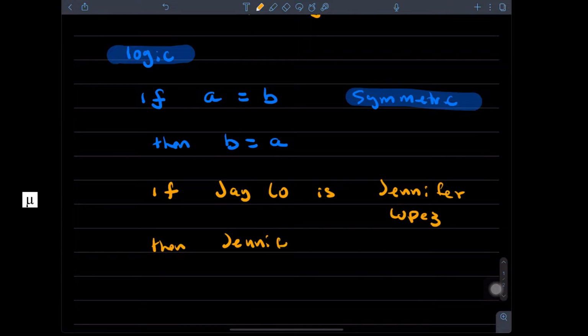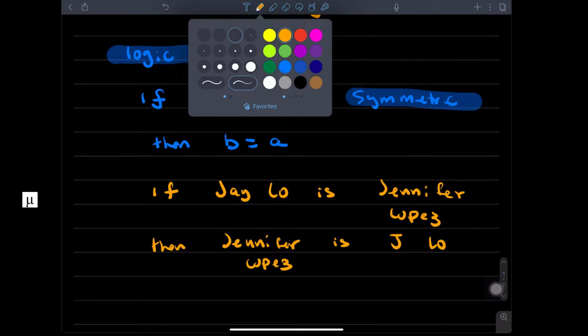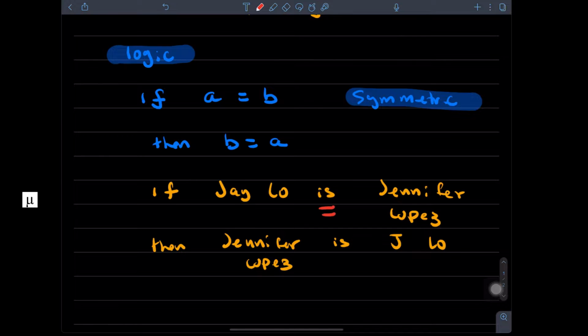Jennifer Lopez is J-Lo. A very simple idea. And notice this: this is kind of like the S portion of the course in some ways, but it's part of the course too. If Jennifer Lopez is J-Lo, the word is here, that's short for what? Is equal to.